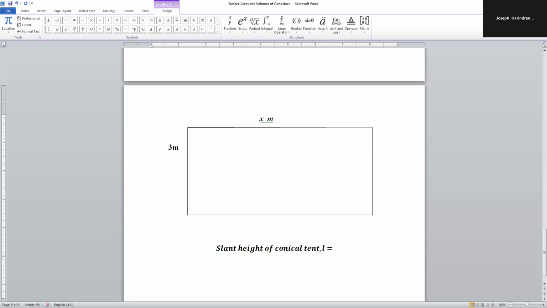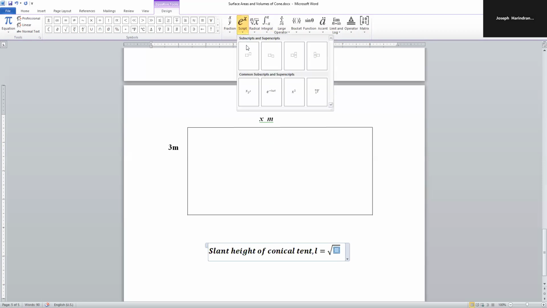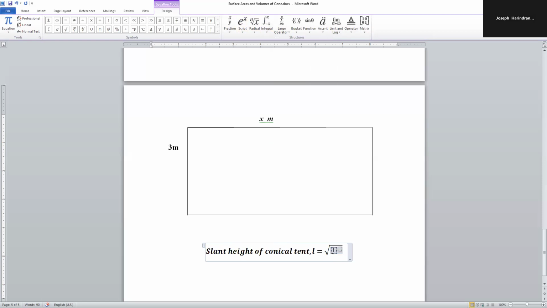R and H are given. So L is the square root of R squared plus H squared. We make use of this formula.